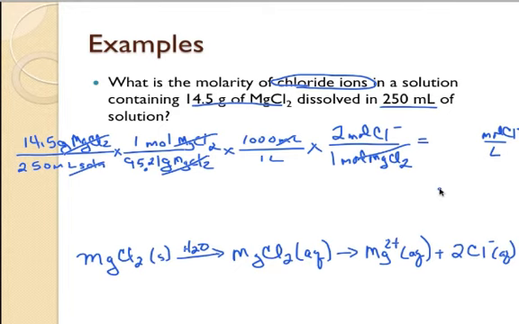If I do that math, I end up with 1.22 moles. Looking at this number, though, I need 2 significant figures, so 1.2 molar chloride ions is my answer.